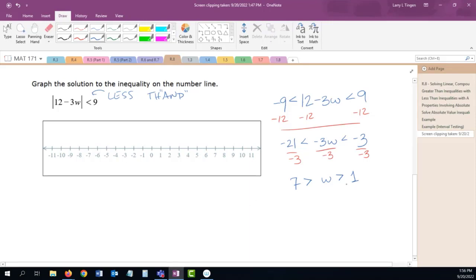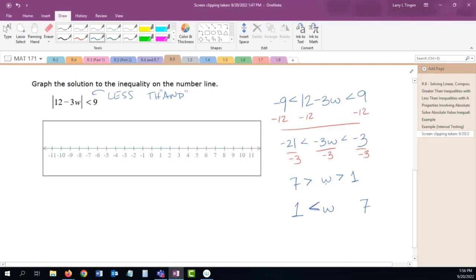So if I wanted to switch the directions without changing anything mathematically, I'm going to start at 1 and then W and then 7. And I'm just going to write the inequalities, but I'm going to match up everything. So if this is W is greater than 1, well, that's also 1 is less than W. They're the same thing.